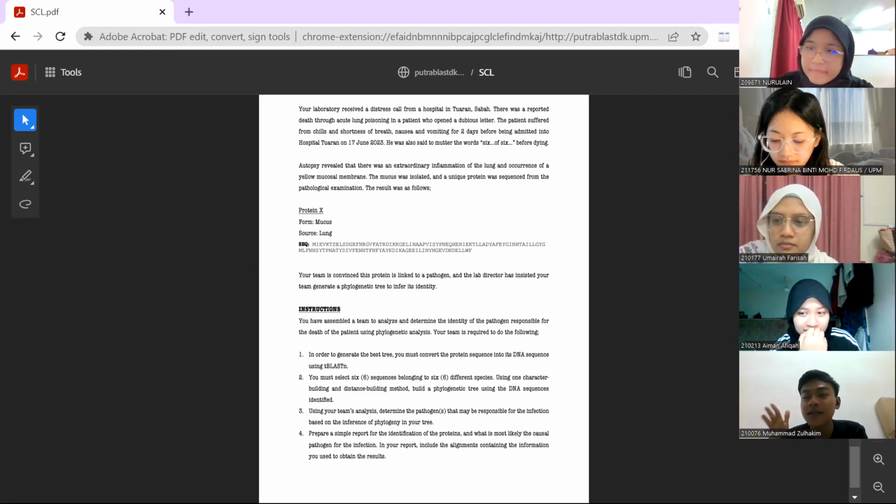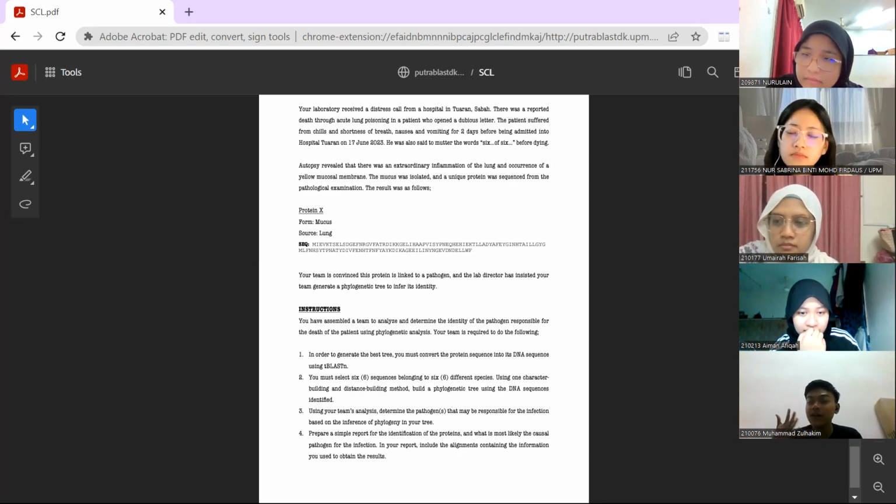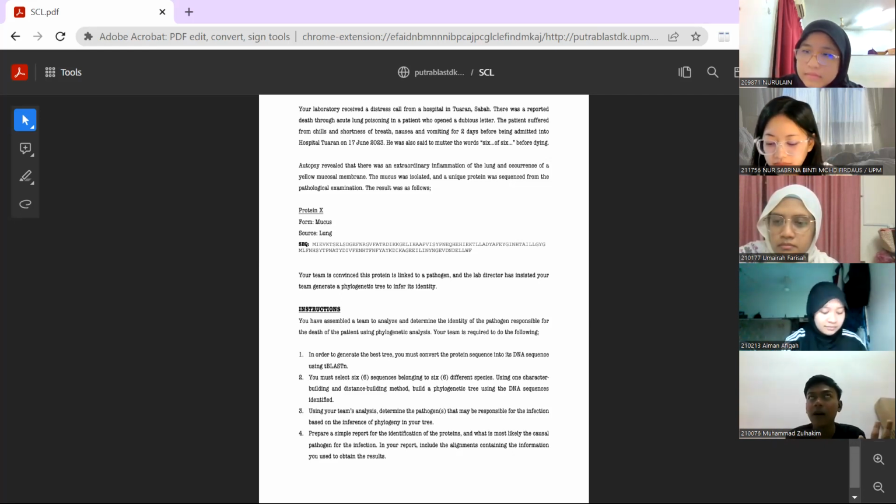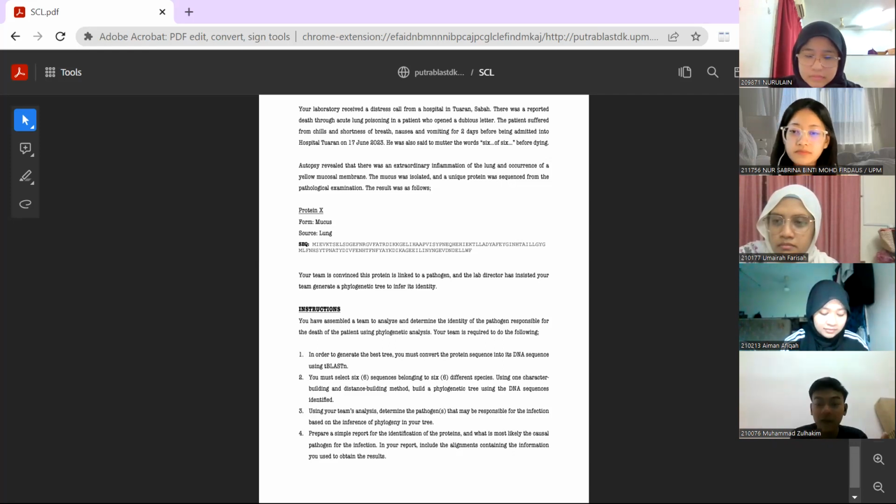Although Bacillus cereus and Bacillus anthracis can cause pneumonia-like symptoms, Bacillus anthracis is the causal pathogen of Mr. Rooney's death because Bacillus cereus rarely causes lung infection and, most importantly, it is a foodborne pathogen. Moreover, Bacillus anthracis is said to cause inhalation anthrax, and all other symptoms of this particular disease were similar to what Mr. Rooney felt before.